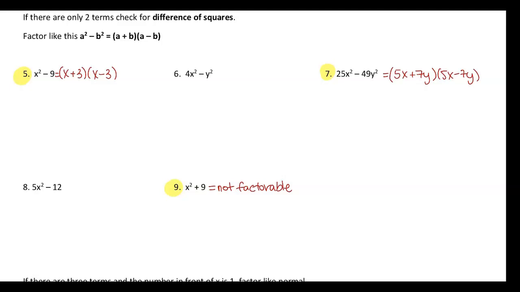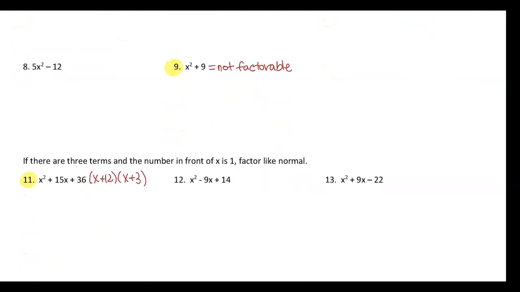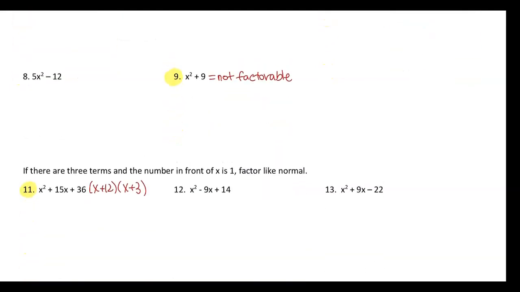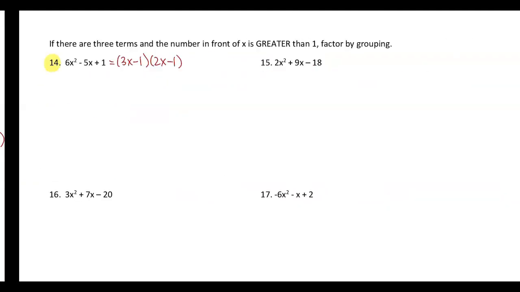And then for number 9, that one is not factorable, so you cannot factor that no matter how hard you try. For question 11, that is going to be x plus 12 and x plus 3. Put an equal sign behind that. And then question 14 is 3x minus 1 and 2x minus 1.